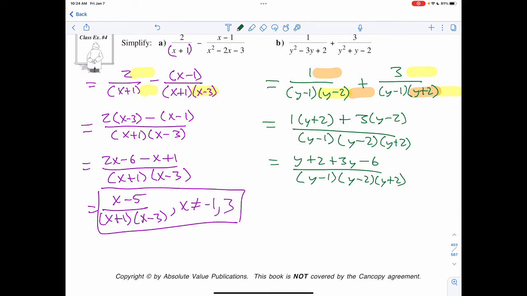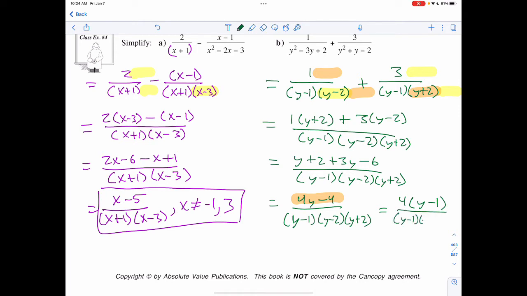I'm going to combine my like terms and get 4y minus 4. I can factor down that numerator to get 4 times y minus 1 over y minus 1, y minus 2, y plus 2.